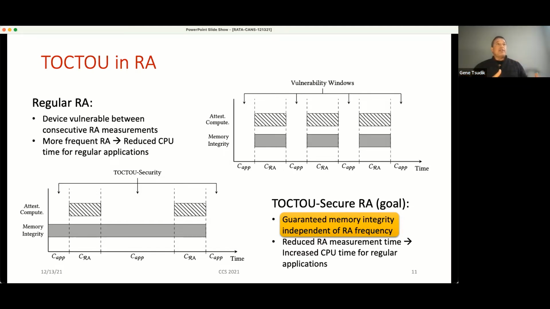Whenever remote attestation takes place, the prover tells the verifier nothing changed, or something changed, since the last time you performed remote attestation. That's essentially the goal, right? And that can be done very cheaply, and as you will see in a few minutes, it greatly reduces the overhead of remote attestation.